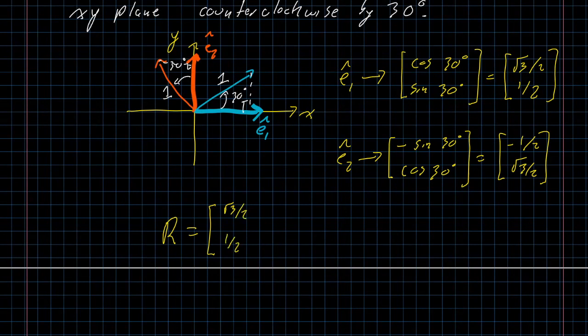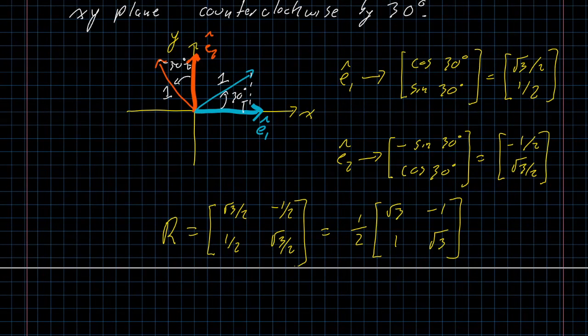The second column is going to be the result from rotating E2, -1/2, root 3 over 2. Somebody might factor out the 1/2 just to make it look a little bit nicer: square root of 3, -1, +1, square root of 3. Either version is perfectly acceptable. There's no reason that one or the other is better. They both absolutely work.